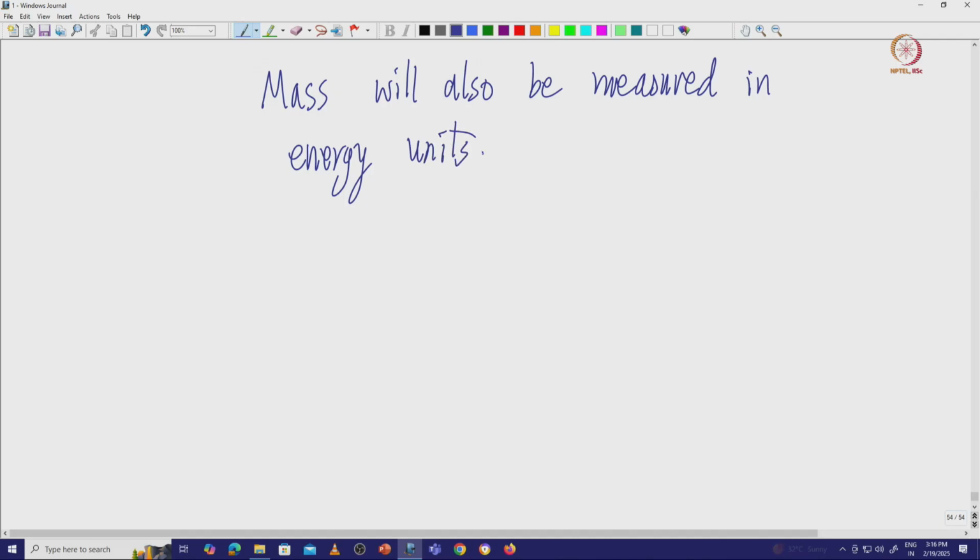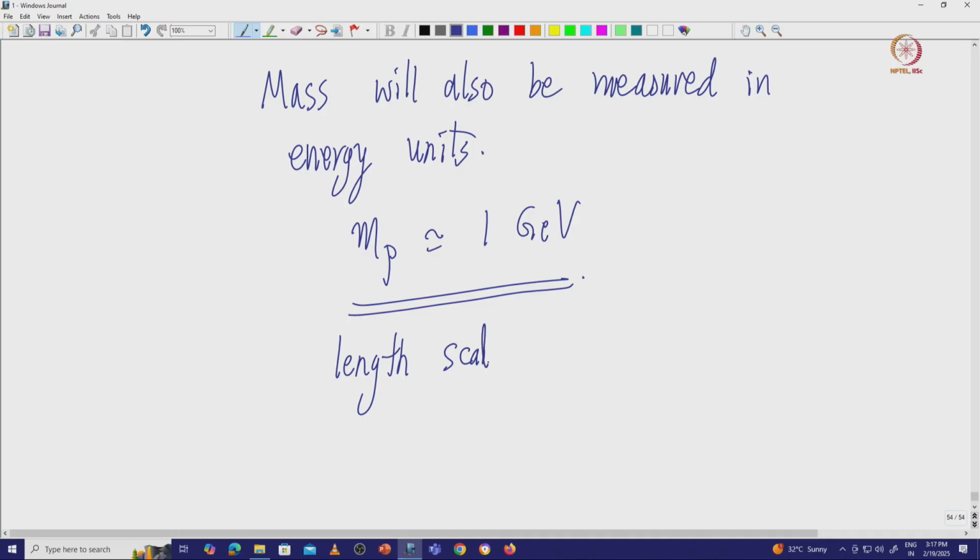For example, if you ask what is the mass of a proton, the mass of a proton is equal to 1 GeV. Instead of saying so many kg, you say it is 1 GeV. Similarly, if you have a length scale, it will be measured in MeV inverse or GeV inverse units.